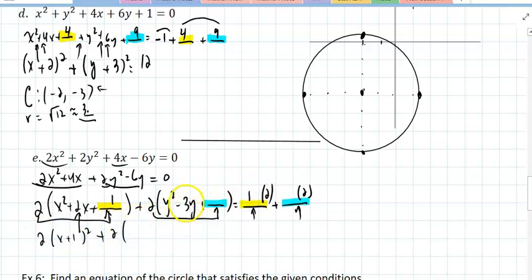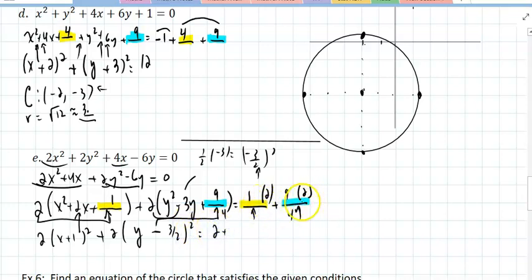Here, take half of the middle number. Half of negative 3 is negative 3 halves, and square it. That's 9/4. This is guaranteed to become y with that sign, the number before you squared it. And here I'm looking at 1 times 2, that's 2, and 9 halves.